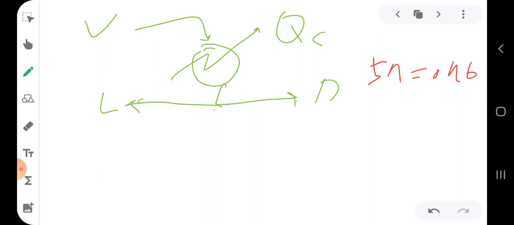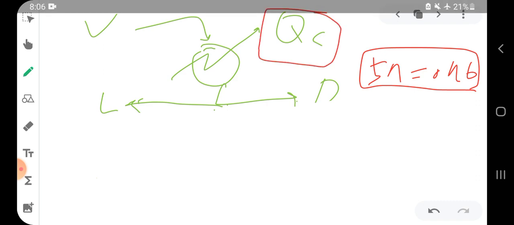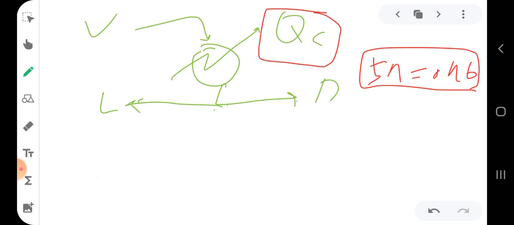And to apply this inlet equals outlet energy balance, we can see all the inlet and outlet energy streams. The first thing you can see is that there is QC, a heat removed from the system. And each stream, this is stream 1, stream 2, stream 3, has its own enthalpy.